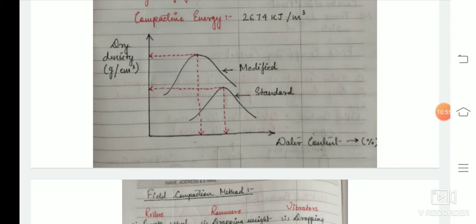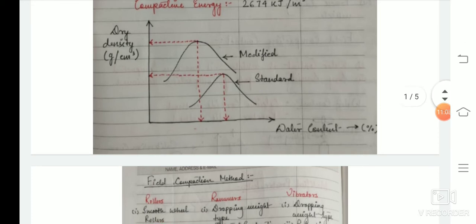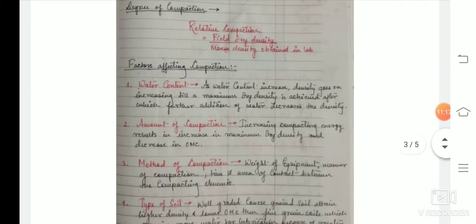This maximum dry density is achieved at a particular water content, which is known as the optimum moisture content. After achieving the optimum moisture content, if we increase the amount of water, the density will go on decreasing. Hence this curve is achieved.